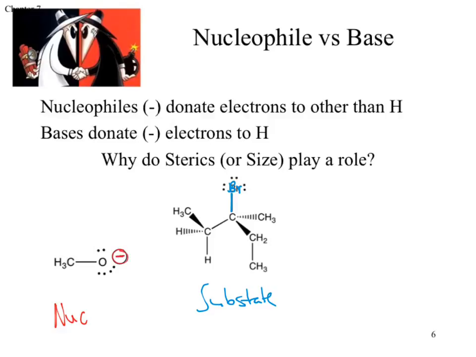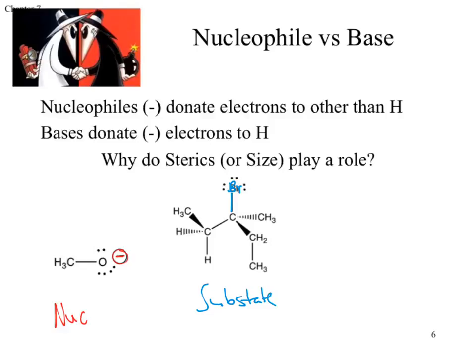Okay? So here's another question. When we look at that nucleophile, which atom is the nucleophile? The oxygen. Which electrons on that oxygen, or associated with that oxygen, is the nucleophilic pair of electrons? The lone pair. Any one of the lone pairs.